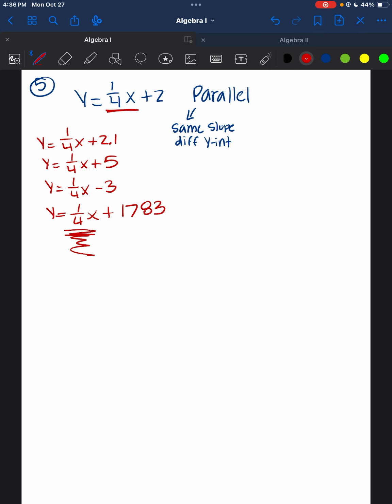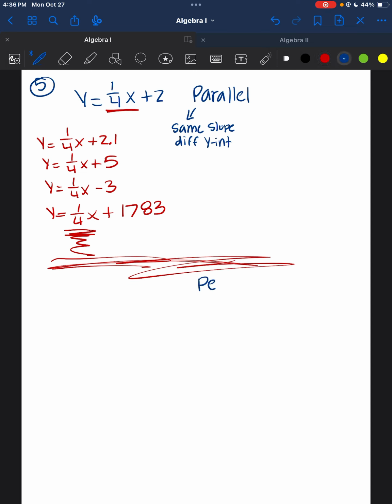This process is the same for your perpendicular. If I was talking about perpendicular, it's the opposite slope, or you can say the negative reciprocal.